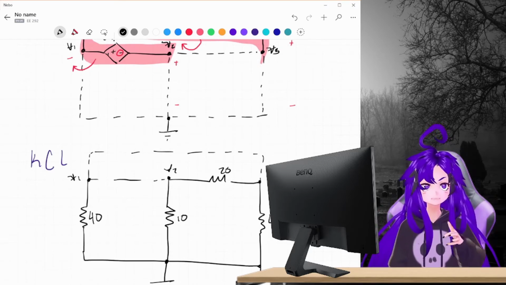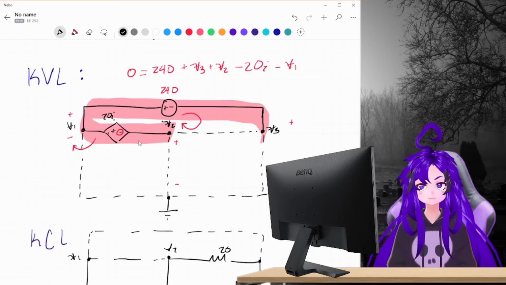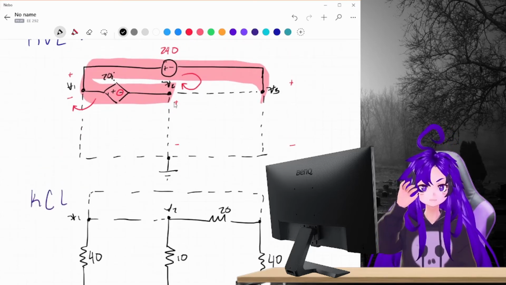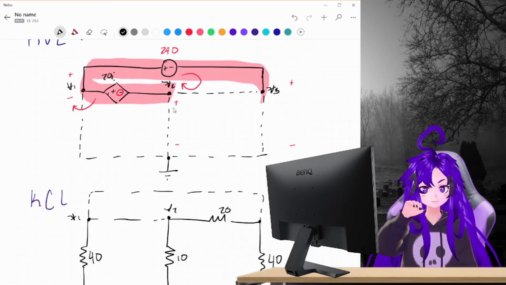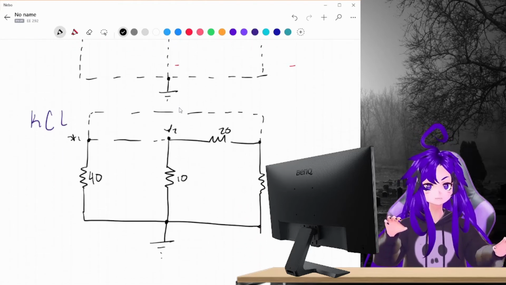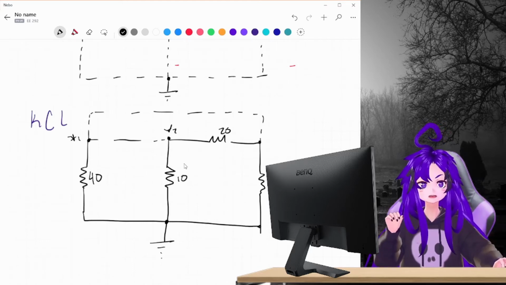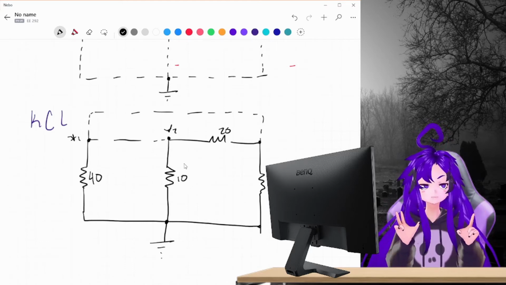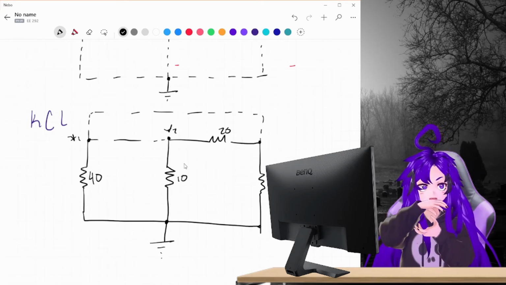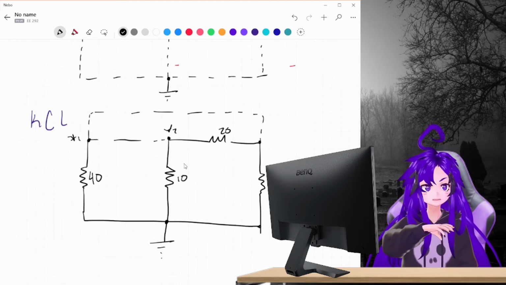So in this case, our KVL is from the voltage side, and it looks at the supernode itself. And KCL is from the current side, and it looks at what happens around the supernode, so that we get this whole picture of the circuit.